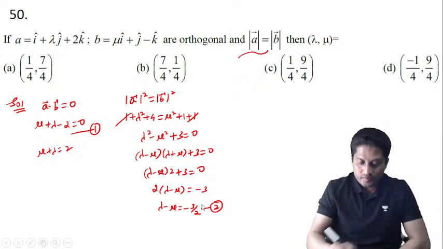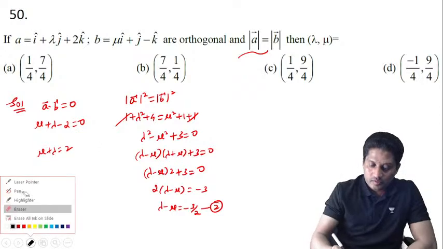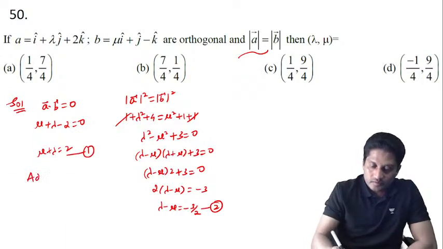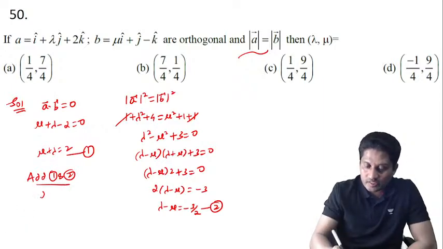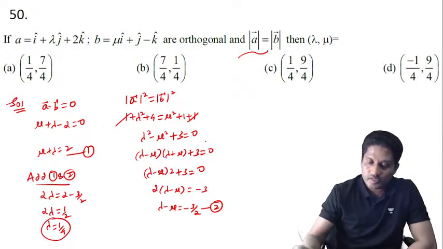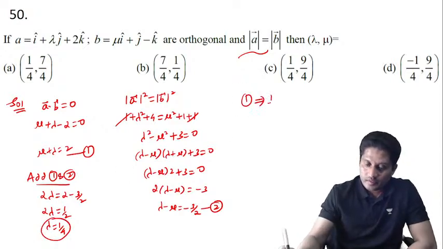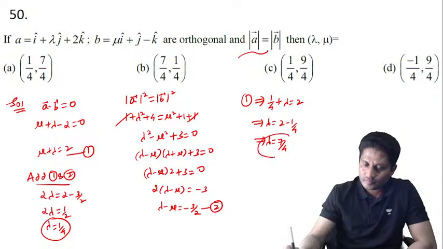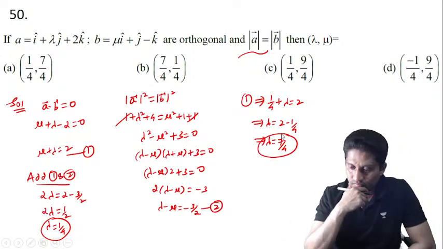Right, now if I add equations 1 and 2, mu will cancel. 2 lambda is equal to 2 minus 3 by 2. 2 lambda is equal to half, and lambda is 1 by 4. If I substitute in equation 1, I want mu, right?